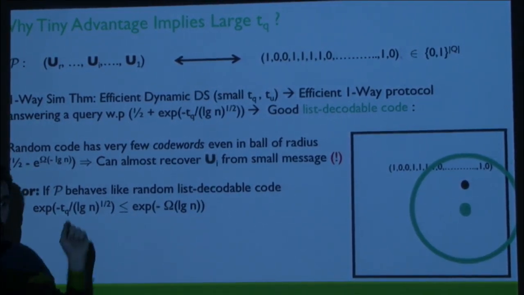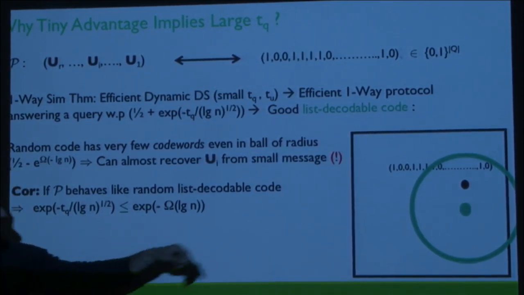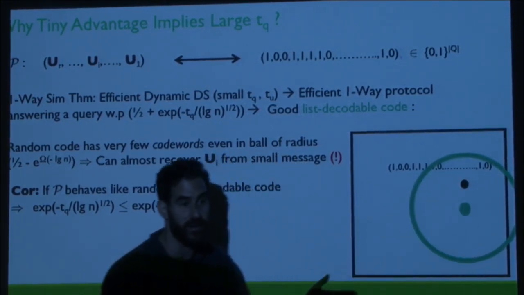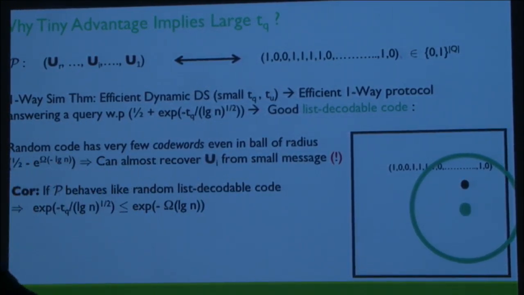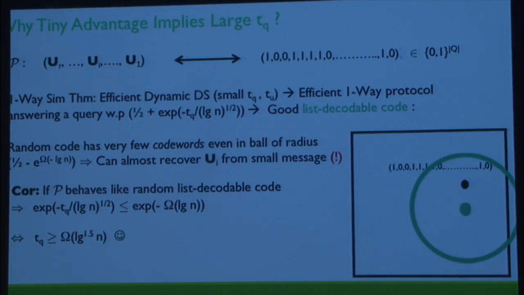Is that clear? Because if it weren't, then Alice could essentially send another extra log n bits telling Bob the index in the list corresponding to the true vector, and this would be an information theoretic contradiction. She would manage to compress the entire update sequence. And you rearrange and you get exactly log to the 1.5. It's exactly where it comes from.